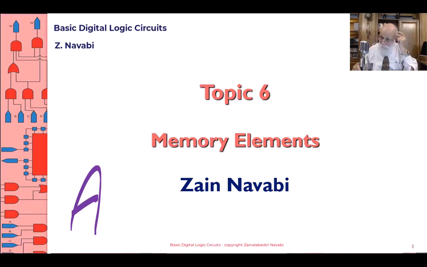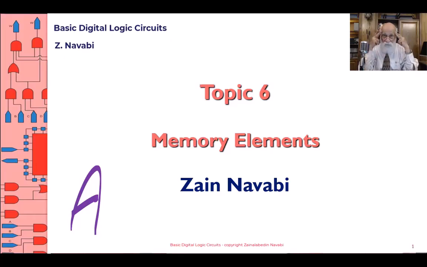Hello, we're starting on topic 6, and that's an important change from what we have done before, and this is concerning memory elements. What we have done so far is all the circuits we have discussed were regarded as combinational.